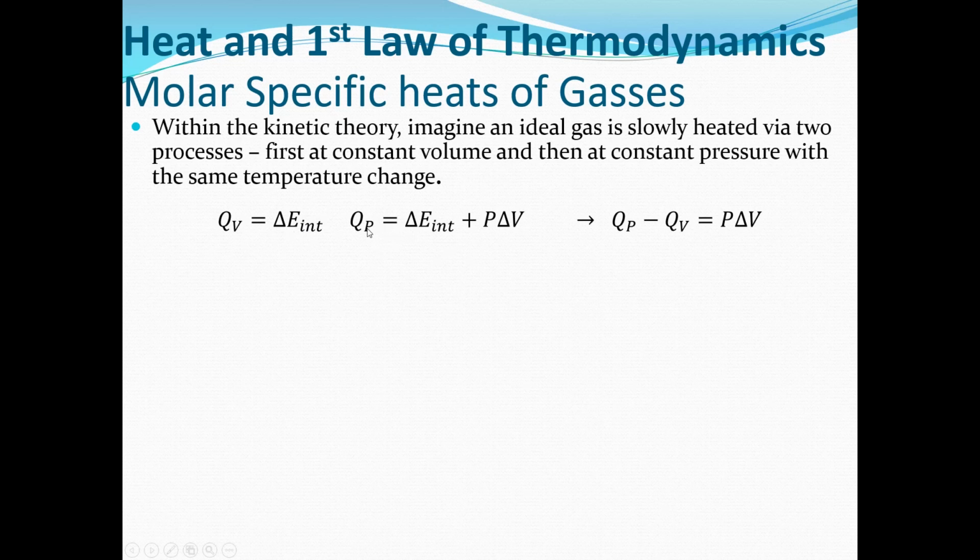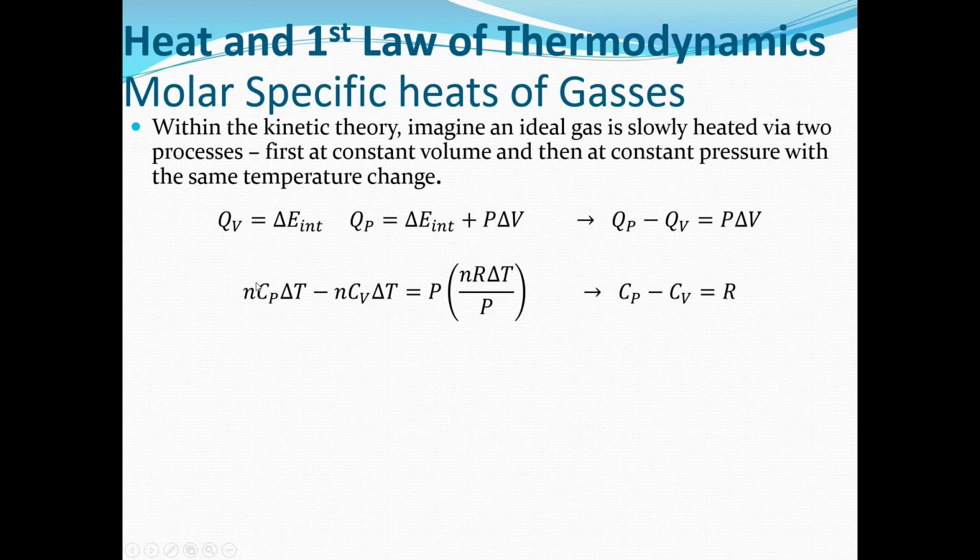For the other case, the constant pressure, the equation actually turns into this instead, just moving the work to the other side. Both of these are just taking the first law of thermo. When we combine these two, subtract them, we end up getting this: the difference in the heat at constant pressure and constant volume is going to be equal to the work done in the constant pressure case.